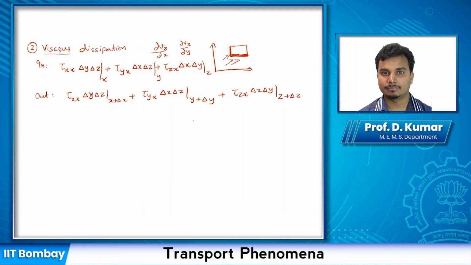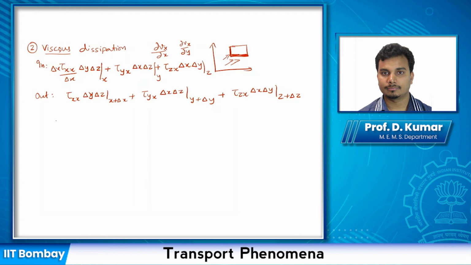Okay, so now again you want to do in minus out, and as usual you can multiply this by delta x and divide the whole thing by delta x, so that you get it in differentiation form.